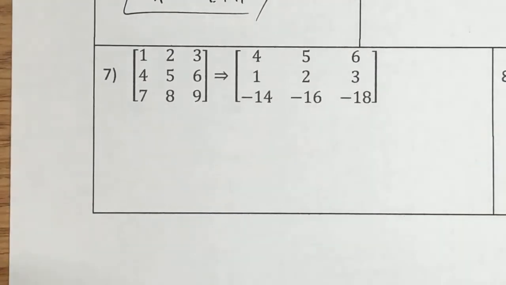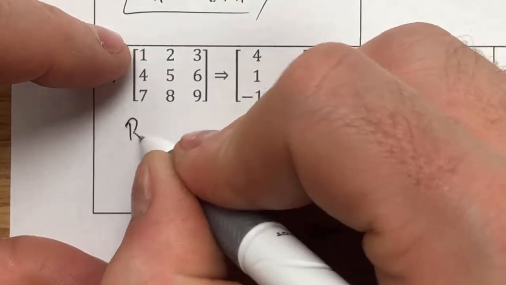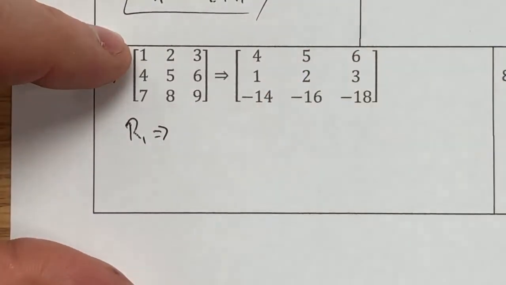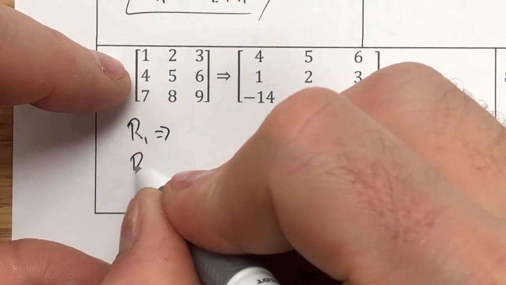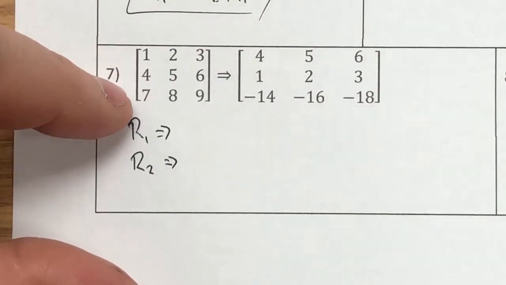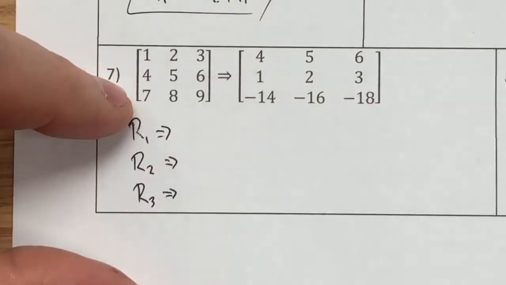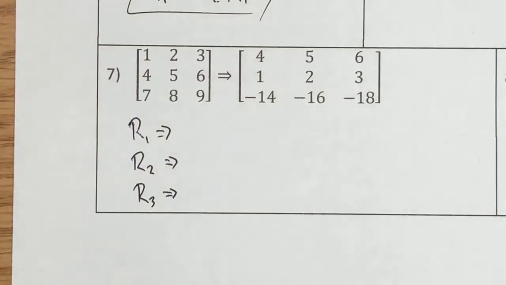And the last one of the hardest ones, what we're seeing here is that we're seeing a couple different things. I notice row 1 changed. So I'm going to write a rule for row 1. Row 2 changed. I'm going to write a rule for row 2. And row 3 changed. So I'm going to have to write a rule for that.